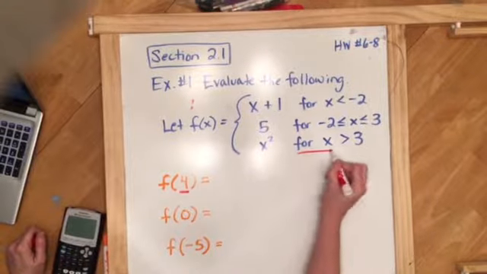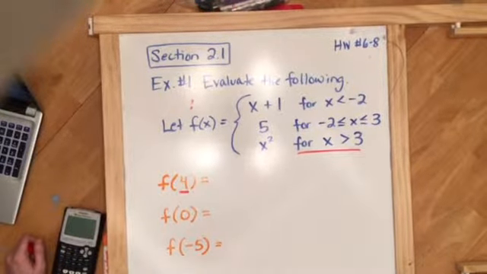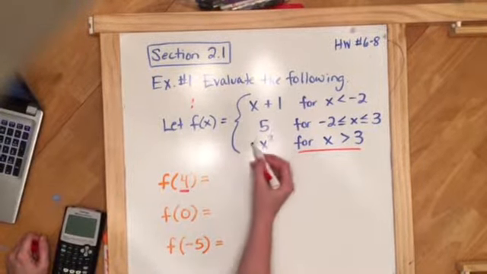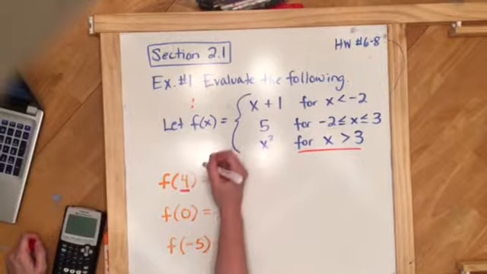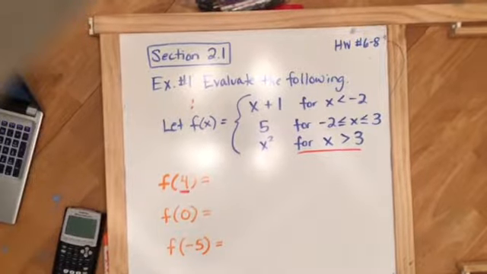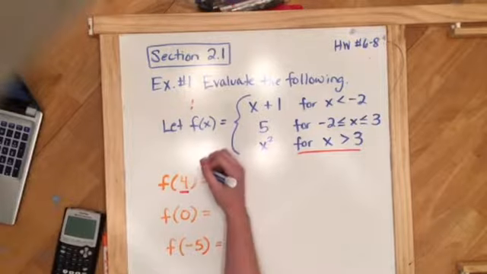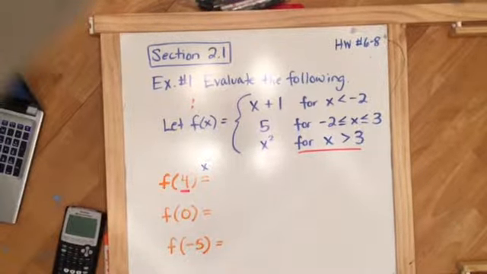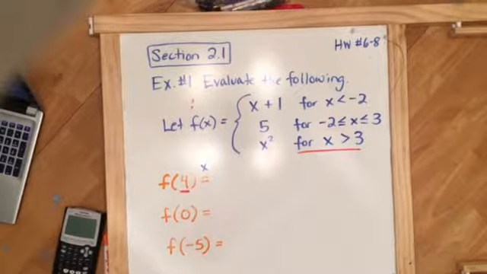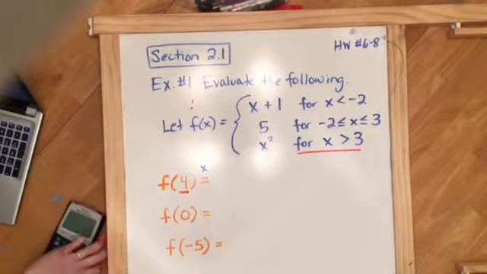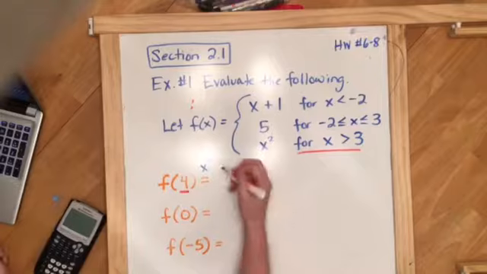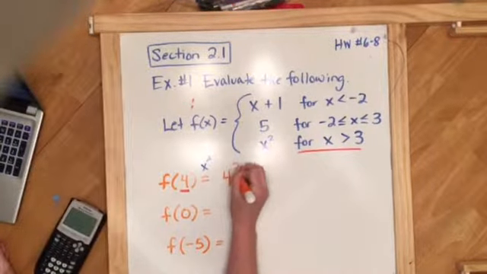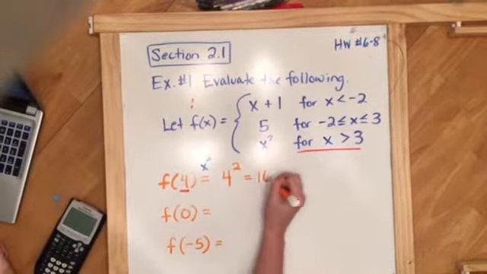This is for when x is greater than 3, so it works for this third piece of the function. So we're going to evaluate it in x squared. All we do is plug it in, we get 4 squared, which is equal to 16.